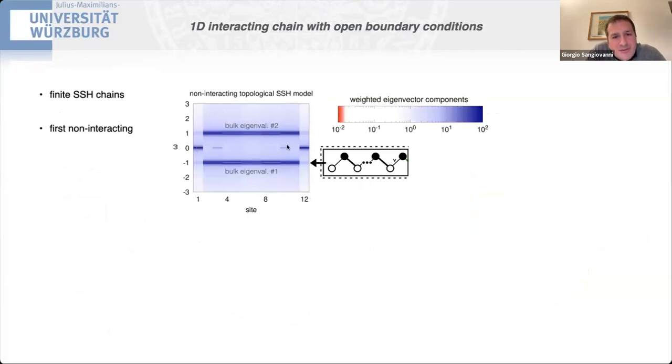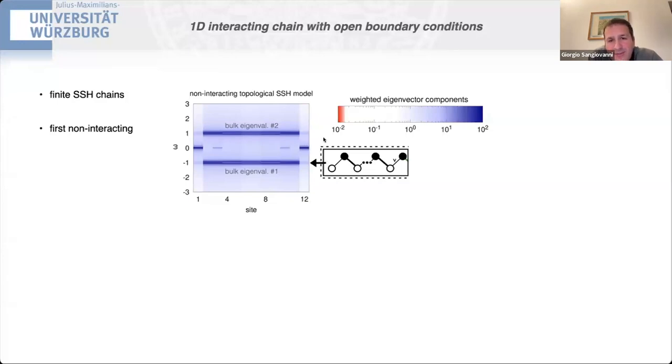And you see that I have, for the topological phase of this SSH model without interaction, some bulk eigenvalues, 1 and 2, and zero energy zeros at the two ends of the chain.